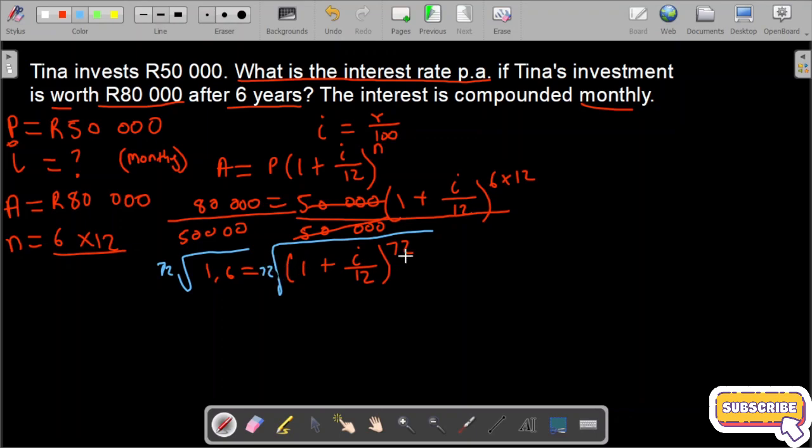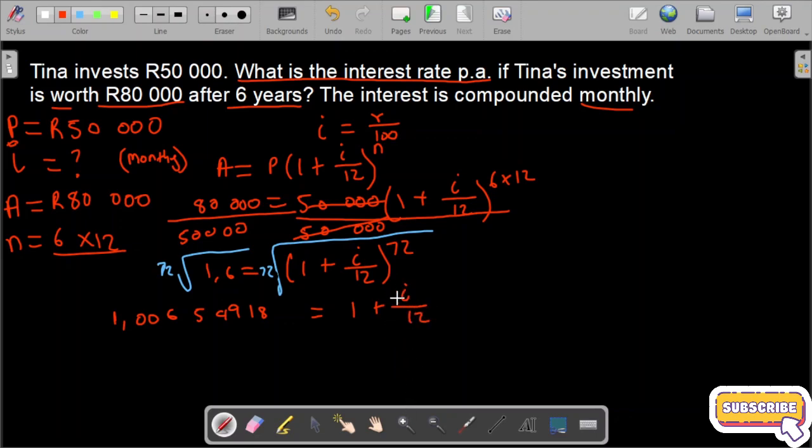So this 72 cancels this 72, and then I'm going to get the 72nd root of 1,6. What I'm going to get after doing this is 1,006 54918, which equals 1 plus I all over 12.